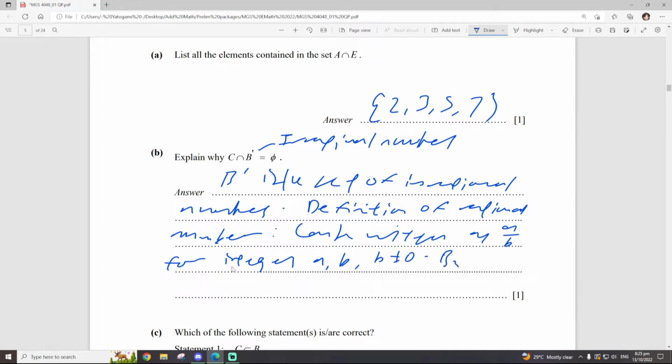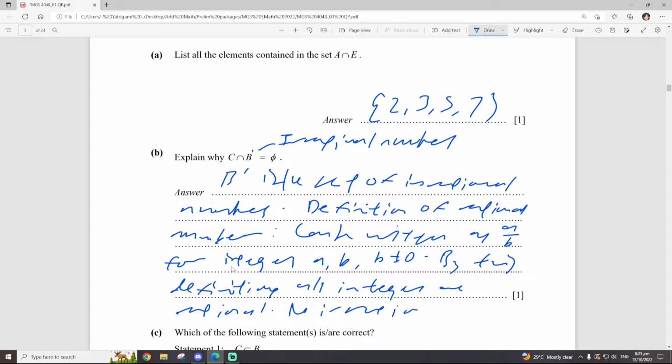By this definition, all integers are rational numbers. There are no irrational integers. There's no such thing as an irrational integer, basically.